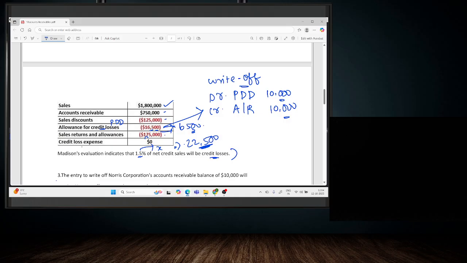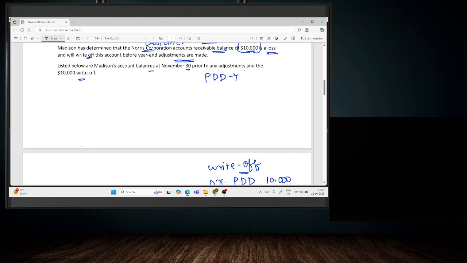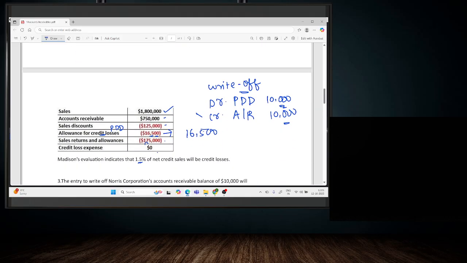Madison's evaluation indicates that 1.5% of net credit sales will be credit losses. So what is the available balance in the provision for doubtful debts account? It is 16,500, as the closing balance. This balance is before writing off this 10,000 rupees. It is mentioned: before making any adjustments and the 10,000 write-off, we have 16,500.